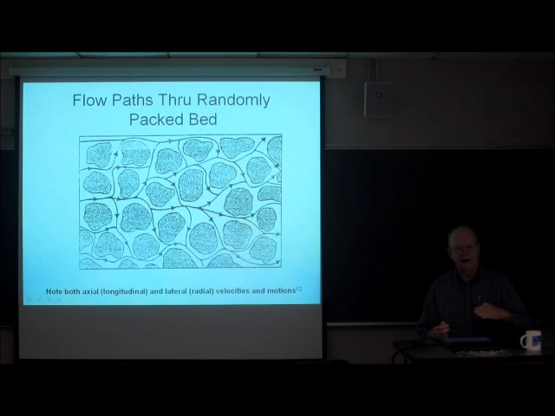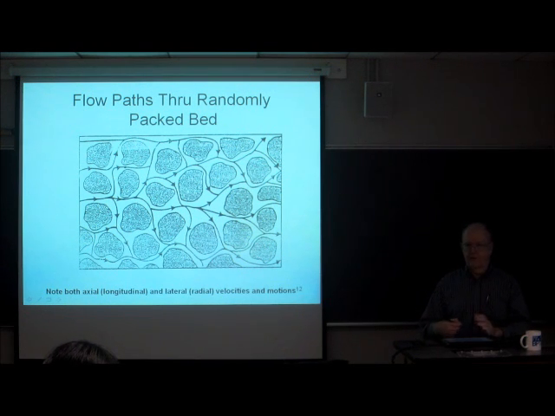The fluid is going to have to be diverted as it hits a particle. It's going to have to flow around the particle, so that there are components of velocity which are in the direction of the exit of the column, but there are components of the velocity that move also laterally. What that means is that they cause mixing.